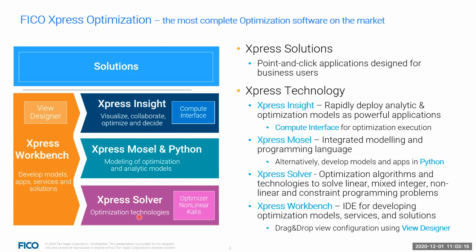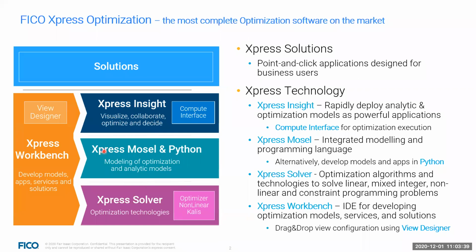Then when you have such a solver, you need some way of describing your optimization model. You can do this in Mosel, our modeling language, or you can use Python or pretty much any other language you choose to. We've listed Python here besides Mosel because it's really a first-class citizen in our stack.